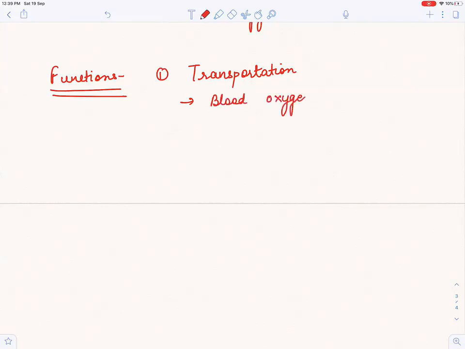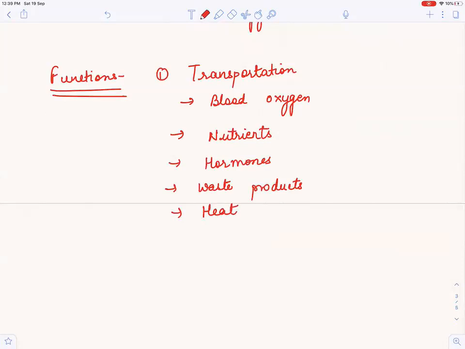Very nice. We have seen it in respiration and exchange of gases. Nutrients, we have seen this in the digestion. Hormones also we saw it. Waste products we'll study, but you know that it carries waste products also. This much idea I think you have. And it is transporting heat also, right?